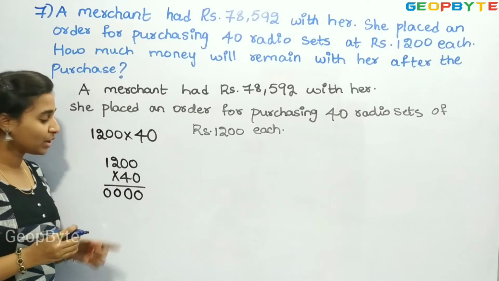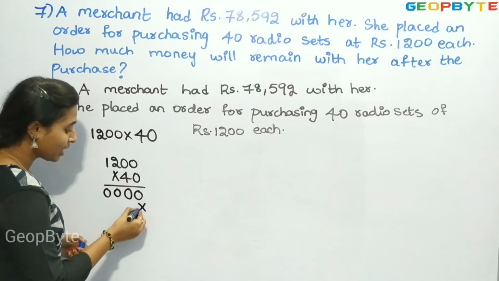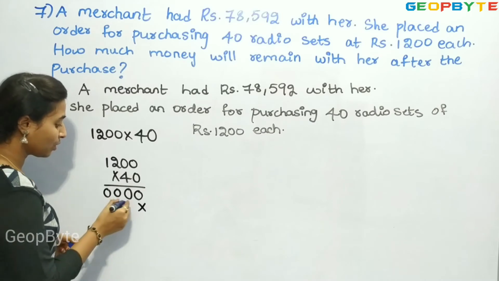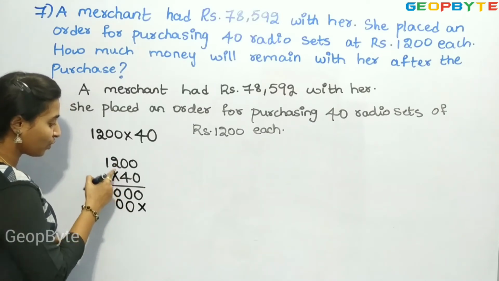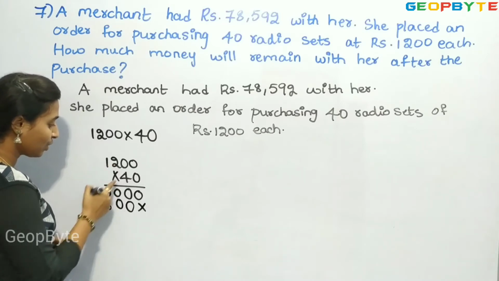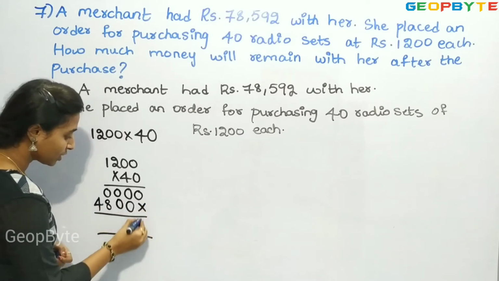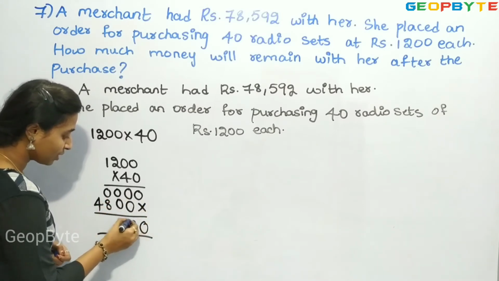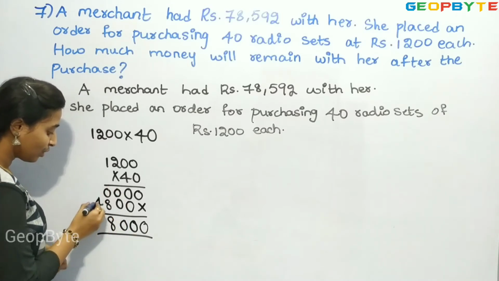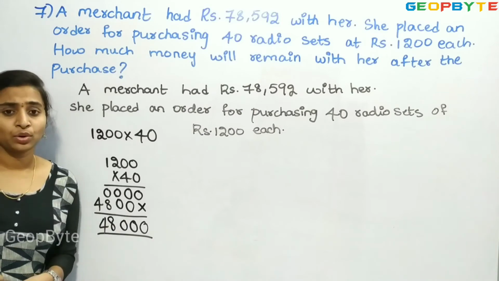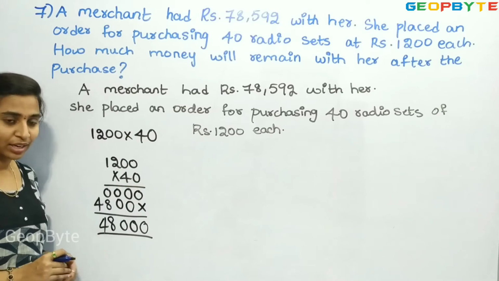Anything multiplied with 0 gives zeros only. Then 4 into 0, 0. 4 into 0, 0. 4 into 2, 8. 4 into 1, 4. So, 0, 0, 0. 0 plus 8, 8, 4. So, the total cost for 40 radio sets will be 48,000.